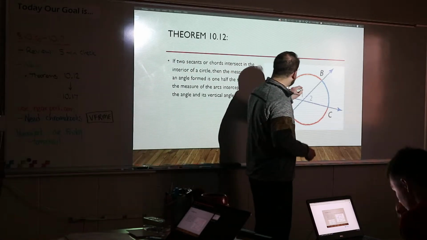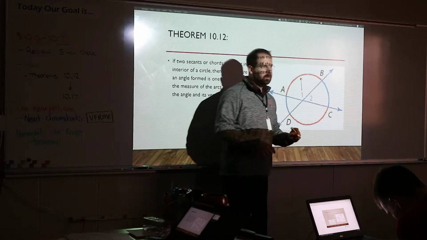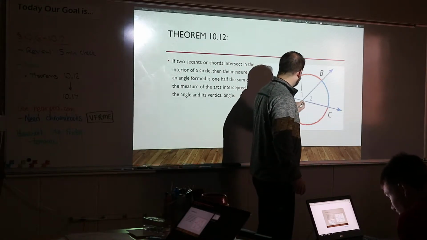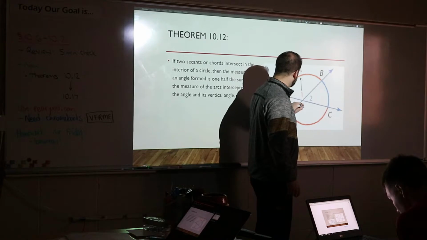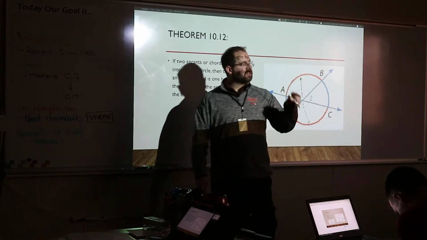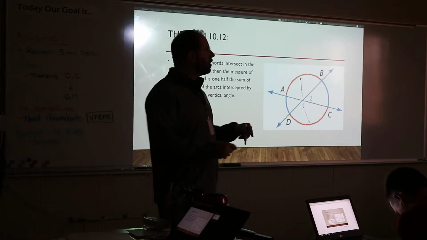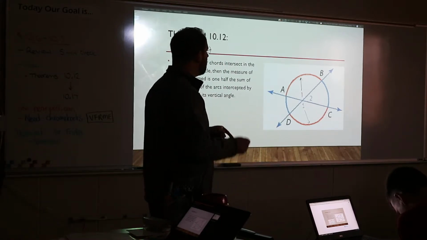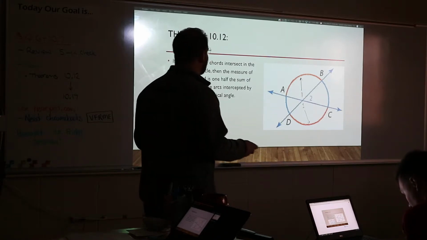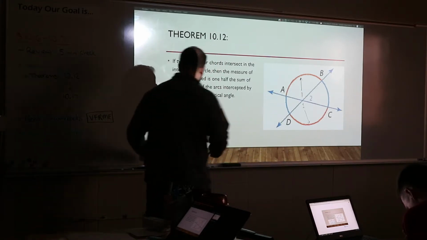Angle number 1 is looking at that arc, agreed? It's also looking at, this is angle number 1 again, because you can go vertical, straight across the line, that arc. So this first theorem talks about an actual relationship where you can find the numbers for both of those. And here's the formula.